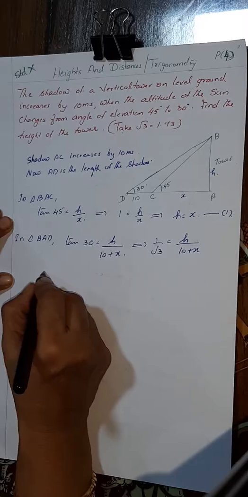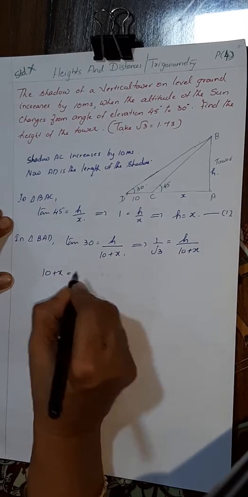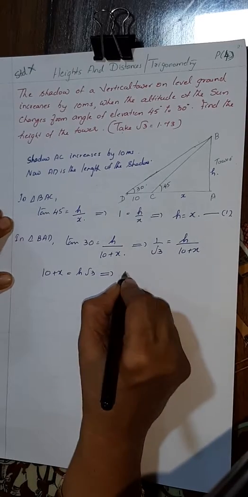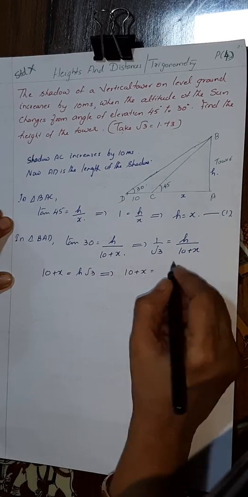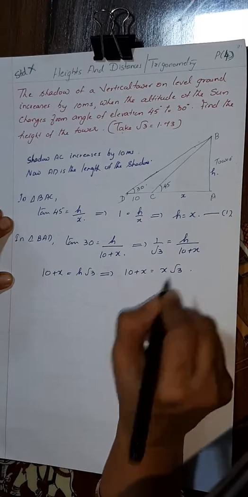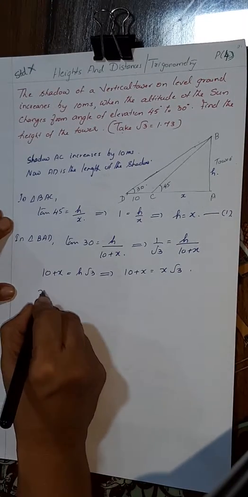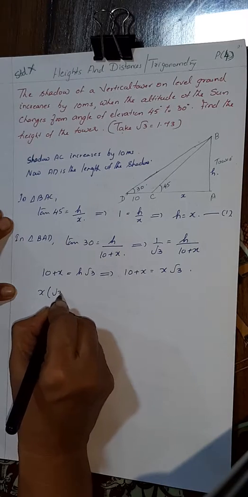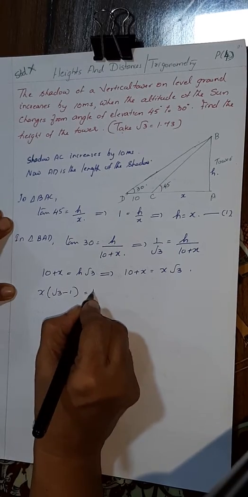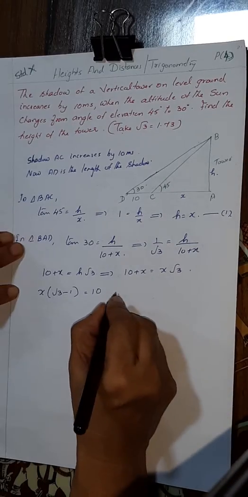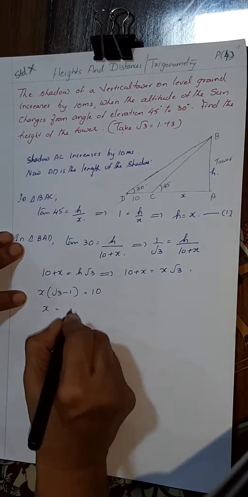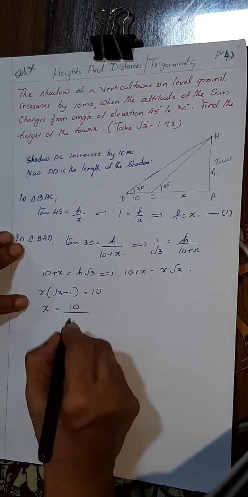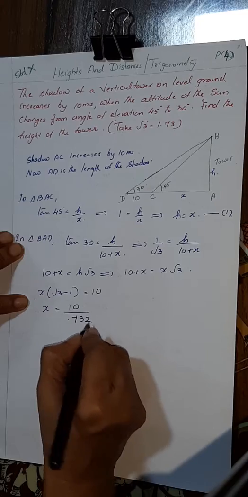So this will become 10 plus x is equal to h root 3, 10 plus x is equal to x root 3. So x into root 3 minus 1 is equal to 10. So x is equal to 10 by 1.732 minus 1, which is 0.732.